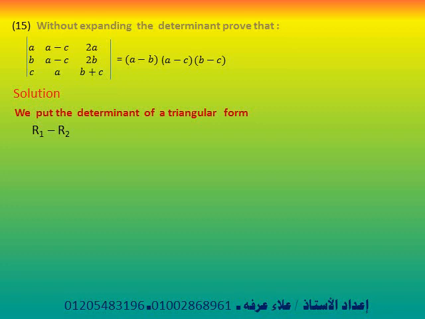R1 minus R2 gives the determinant with first row A minus B, negative (A minus B), 0, then second row with A minus C, 2A minus 2B, 2B, and B plus C. Take the common factor A minus B from row 1.